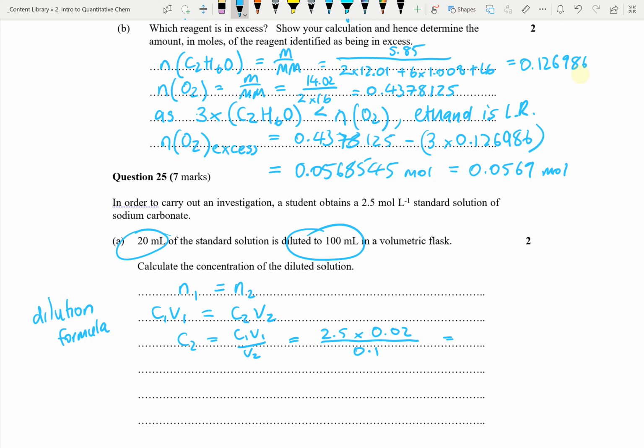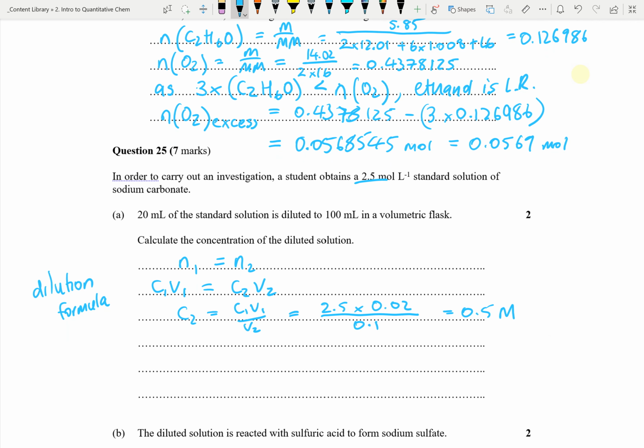This is just identifying that this is diluting by a factor of 5, so I'm expecting 2.5 divided by 5 is 0.5. It's just a ratio: 0.02 on 0.1 is 1/5, so I'm basically just dividing by 5. That's moles per litre, and that's my answer to technically 1 sig fig, although not really. Don't really want to go into this too much. Let's just leave our answer like that.